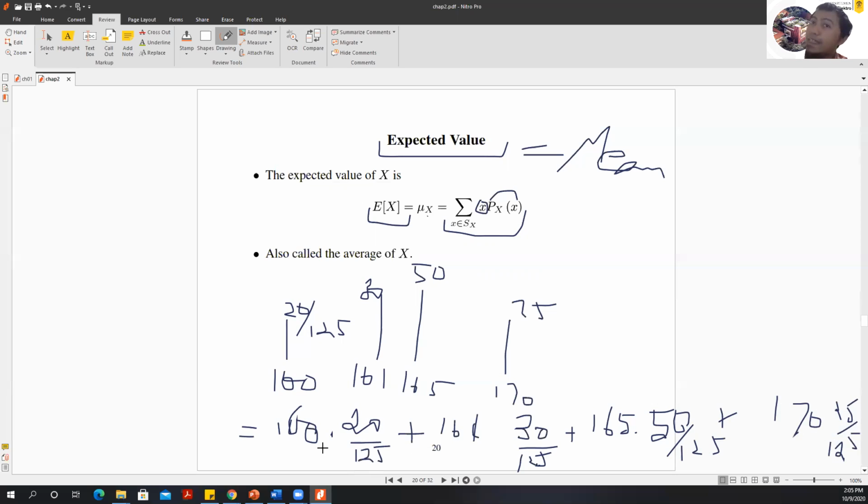This is the mean of the random variable. We can also call it the average of x.